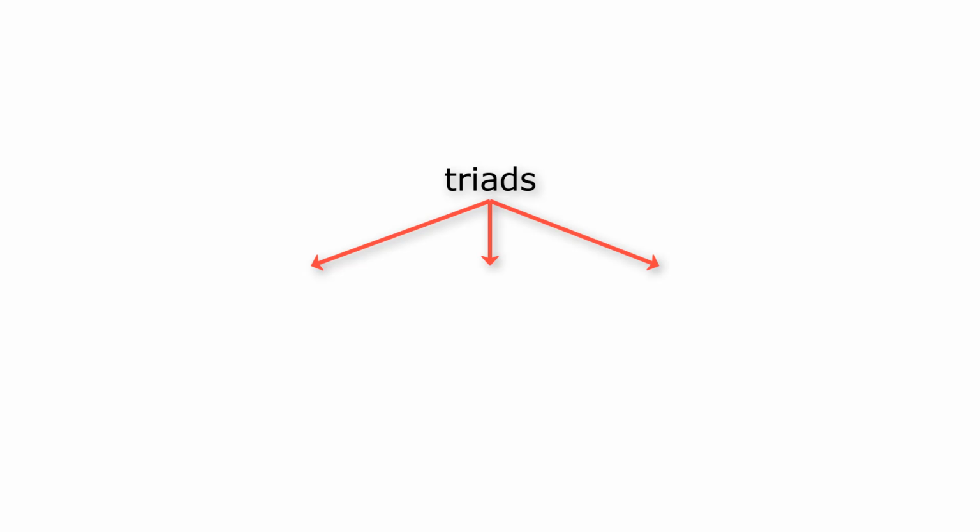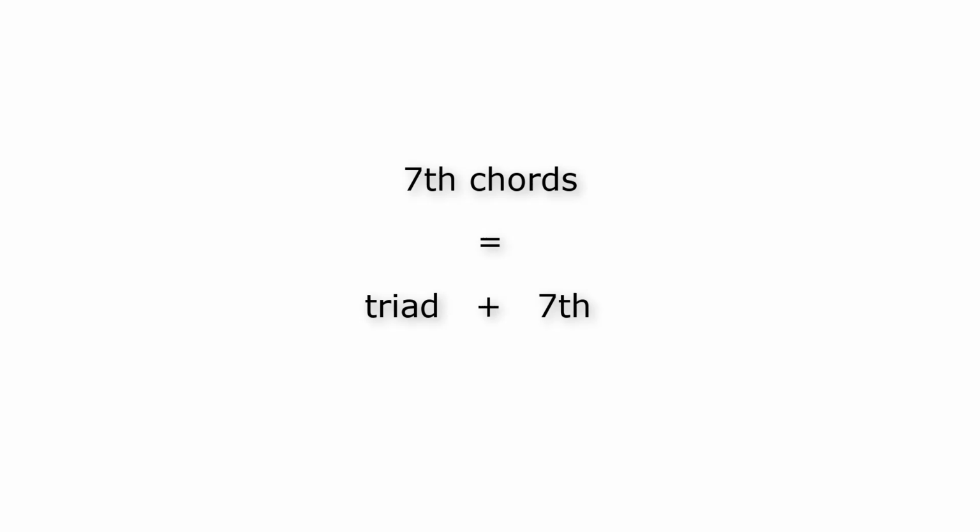And those 3 different notes are the root, the 3rd note, and the 5th note of a scale. And that scale can be a major scale, a minor scale, or another scale. So that's a triad. What about 7th chords? Well, a 7th chord is very simply a triad with an added 7th note. And by 7th note, I mean the 7th note of a scale, which means that a 7th chord consists of the root, the 3rd, the 5th, and the 7th note of a scale.